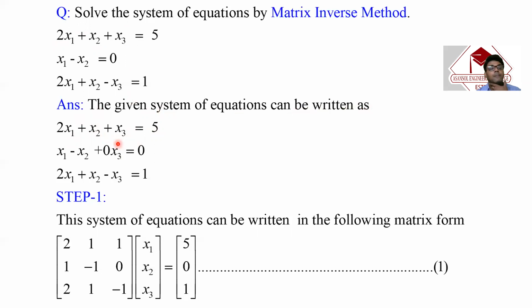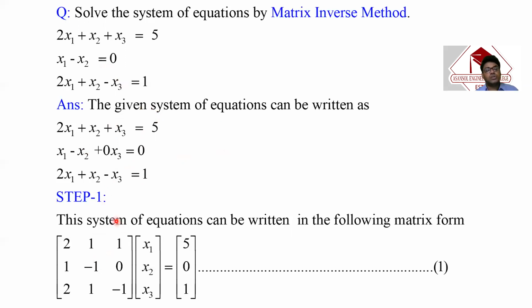Second equation, x1 minus x2 plus 0 into x3 equals 0. Always you should write the missing variable with 0 coefficient. Next, third equation, 2x1 plus x2 minus x3 equals 1. Clear? If all your given information is okay, no need to write this, you can start directly with step 1.